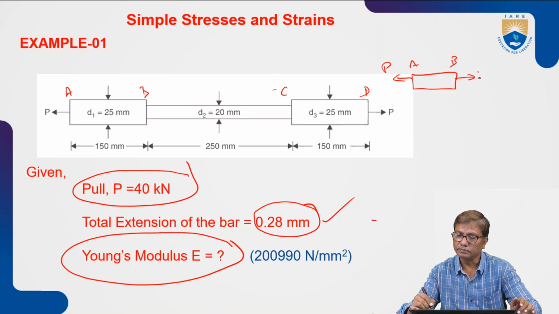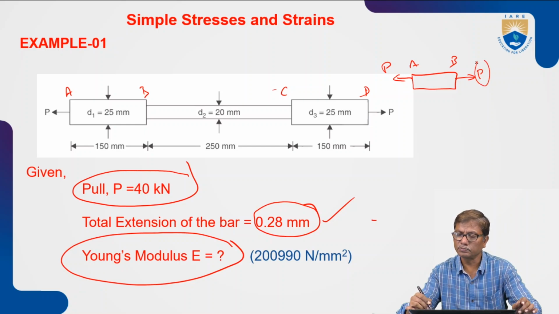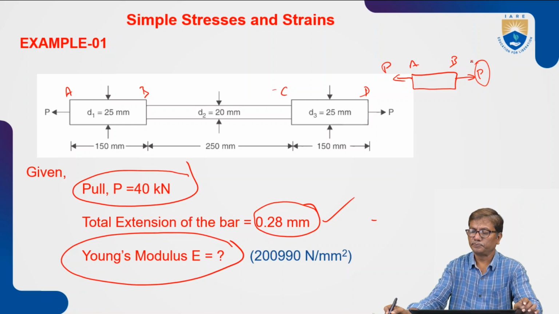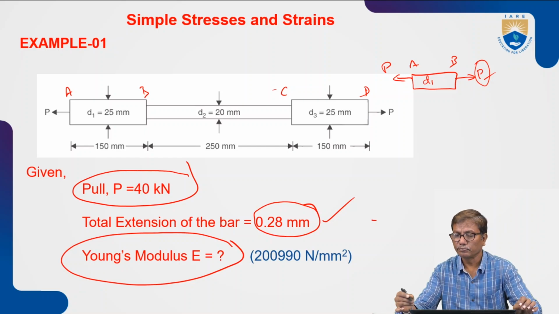For equilibrium, there must be a force P balancing the applied force. This force must be tensile, that means acting away from the body. So for equilibrium of portion AB, we have an axial pull here, P of magnitude 40.